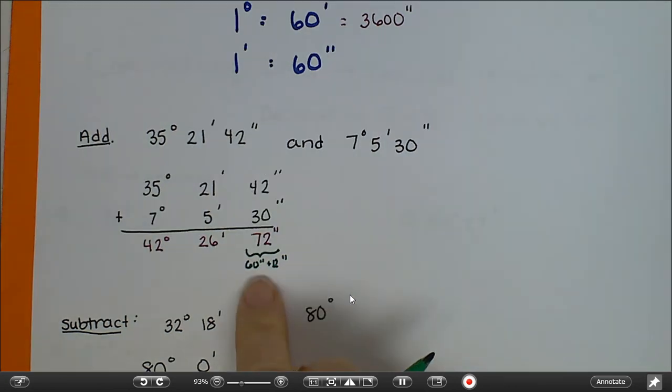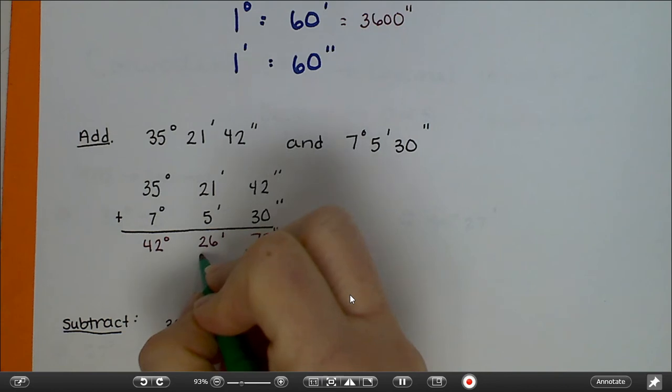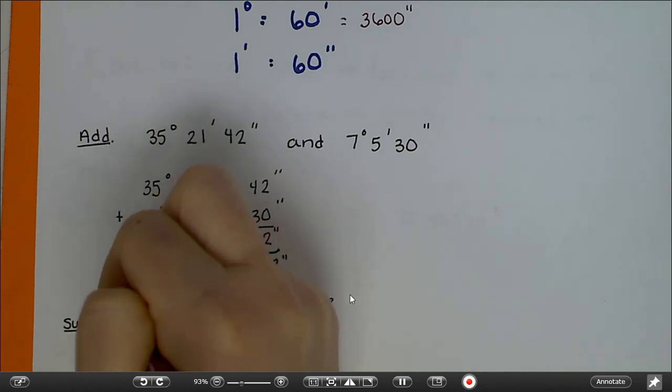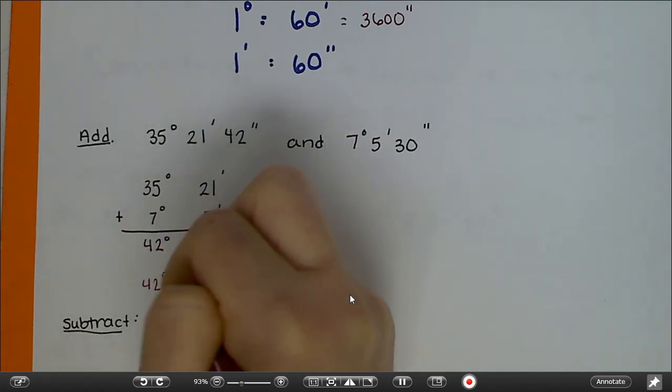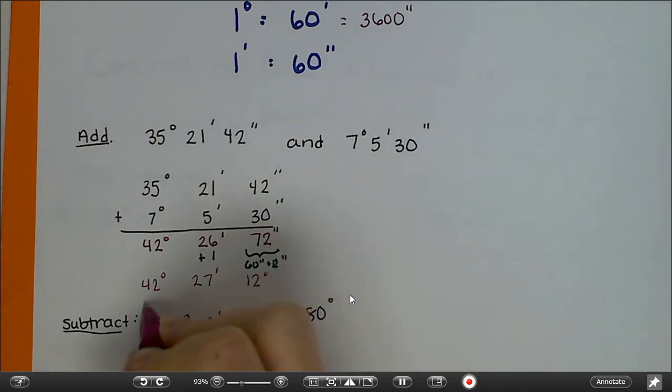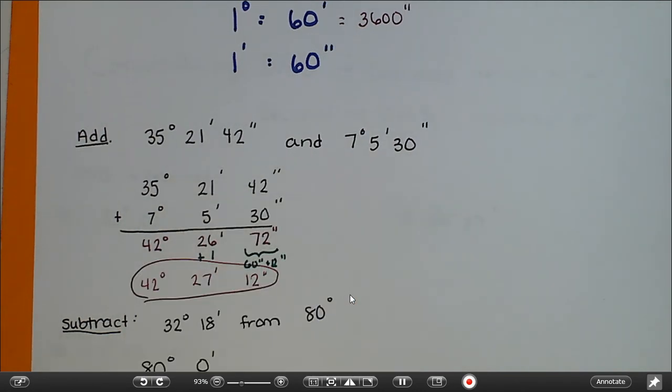Well, 60 seconds, doesn't that equal a minute? So in return, we're going to add 1 minute. So we're going to have 42 degrees, 27 minutes, and 12 seconds. Does that make logical sense? Hopefully that makes logical sense a little bit.